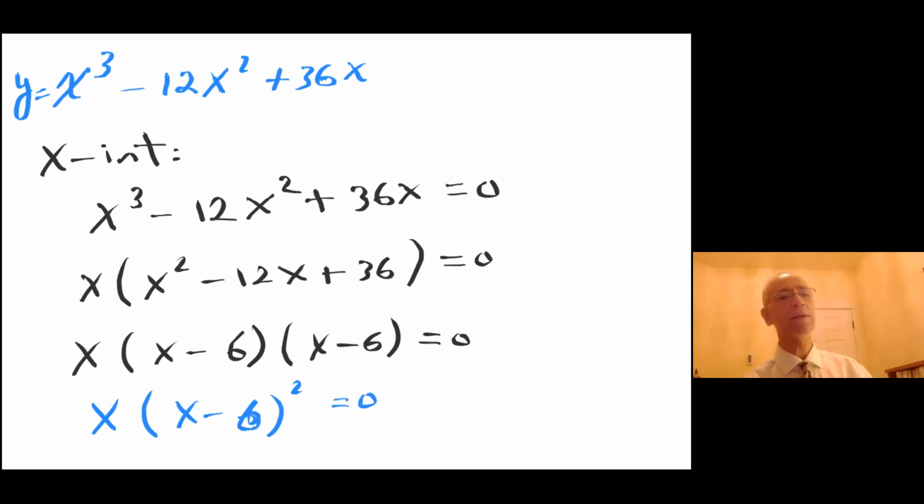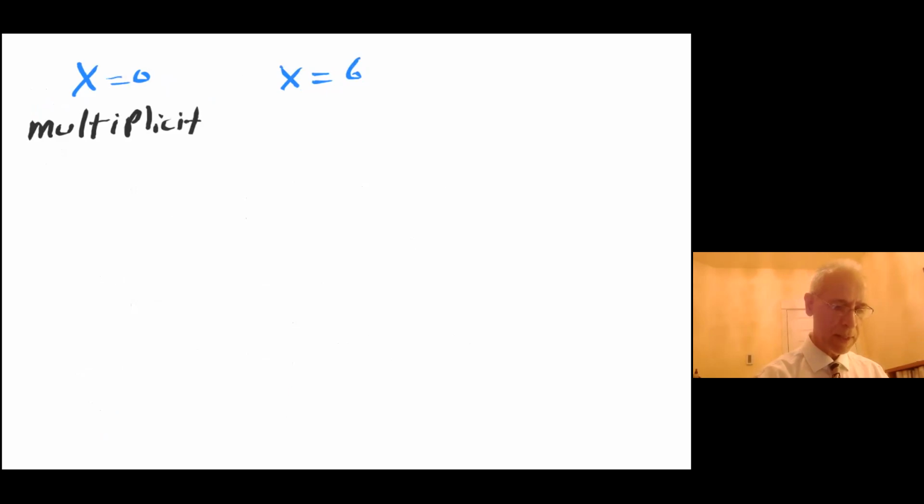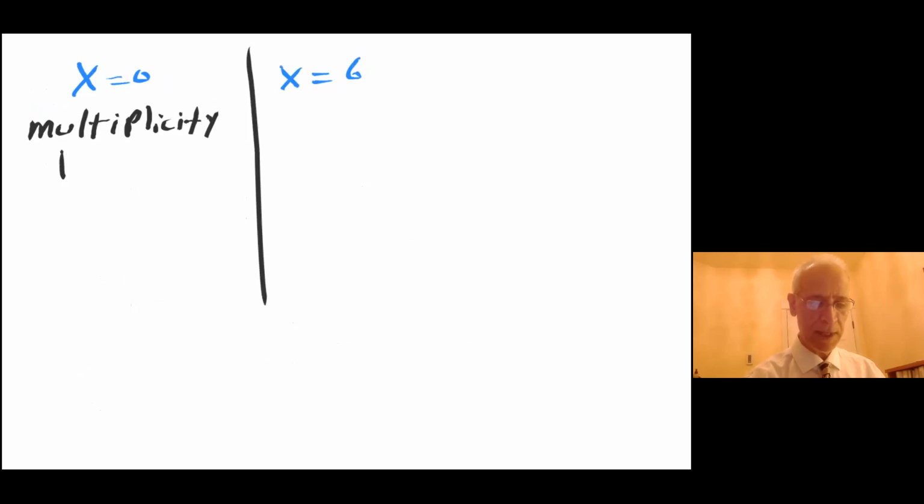Okay, so what are the roots? If I set that equal to 0, I get x equals 0 and x equals positive 6. Now, x equals 0, the multiplicity is 1. x equals 6, the multiplicity is 2.